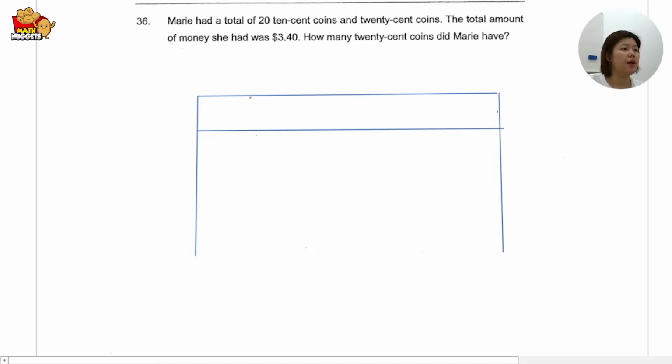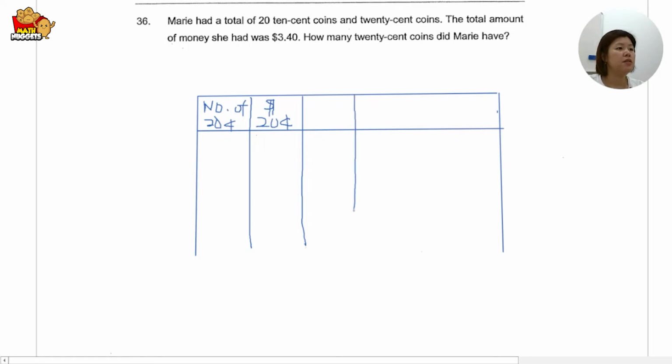Okay, so we can have number of 20 cents, coins, and then this one will be the money for my 20 cents, and then the next one is the number of 10 cents.